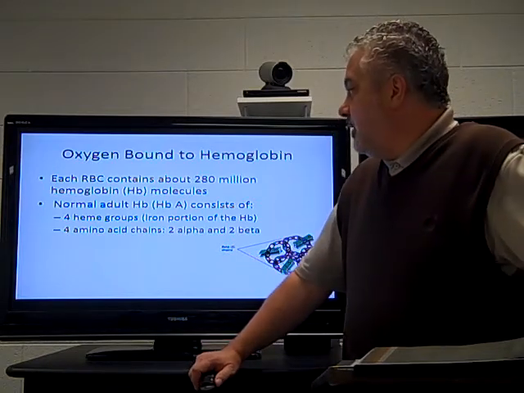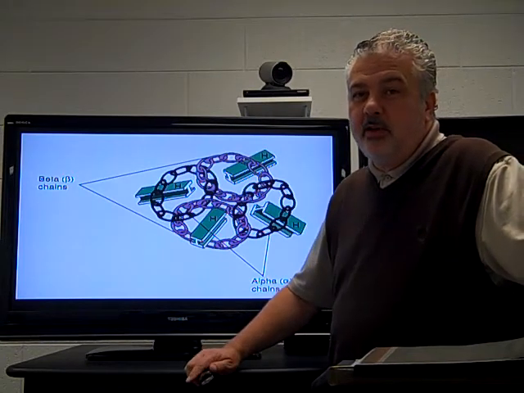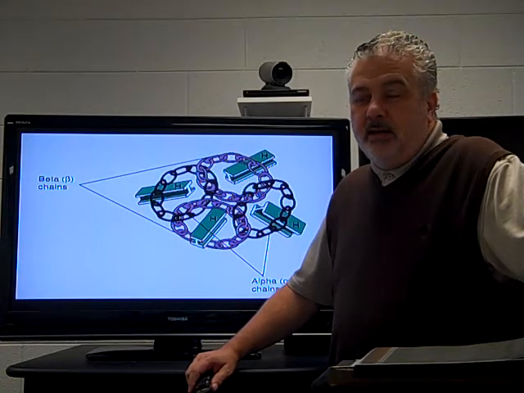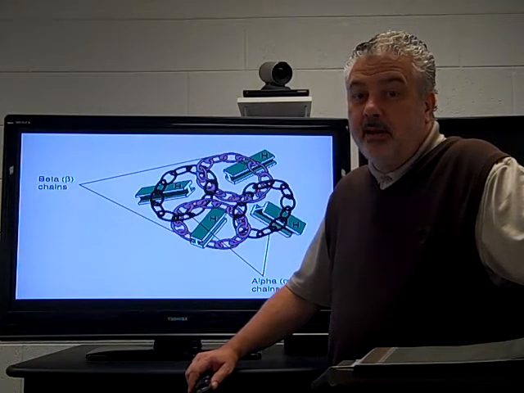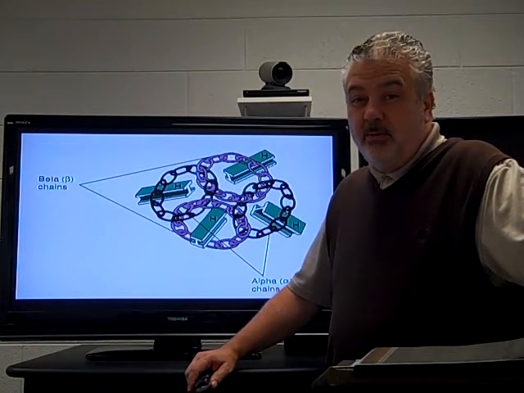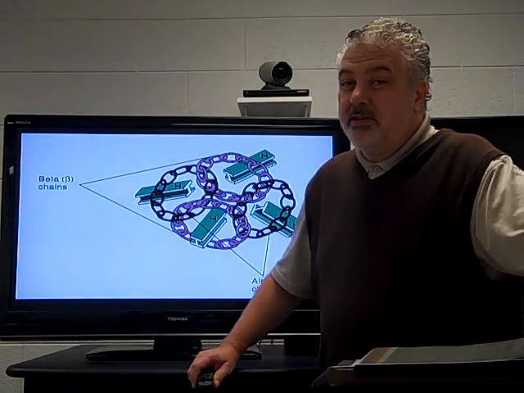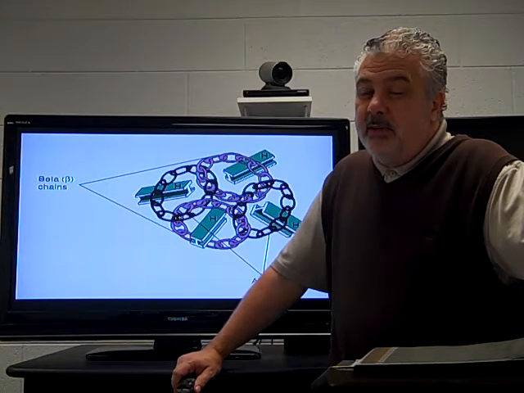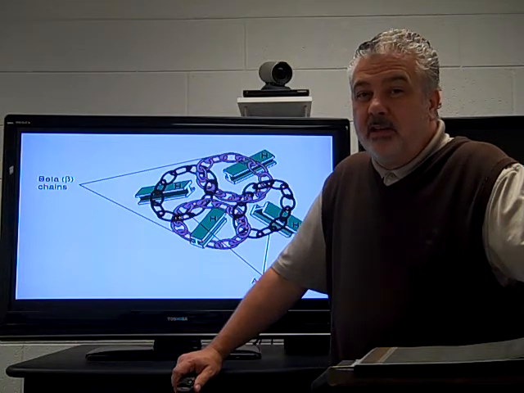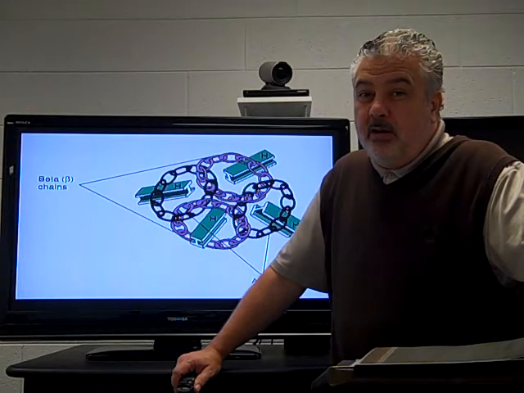Mainly what I want you to know in this case is that, see the hemoglobin as basically seats that oxygen can ride on, and oxygen needs to be able to bind to the hemoglobin, and so there has to be enough hemoglobin for oxygen to bind to, but there also has to be adequate space, or availability of seats on the hemoglobin, if you would, for oxygen to ride on.